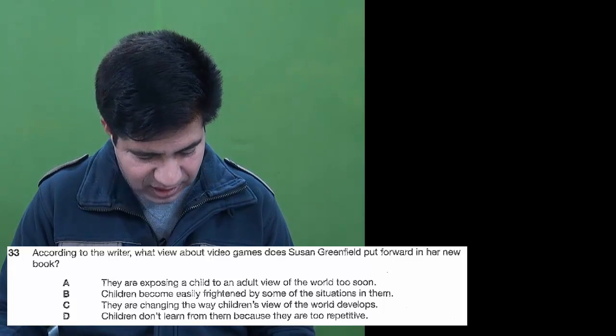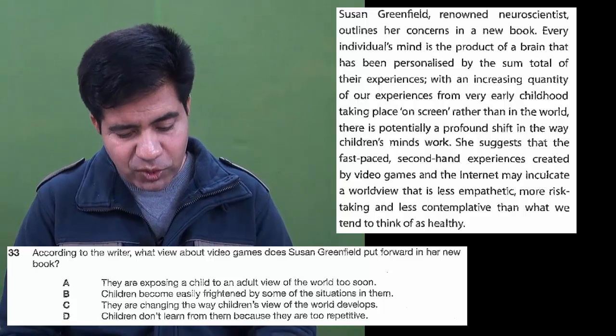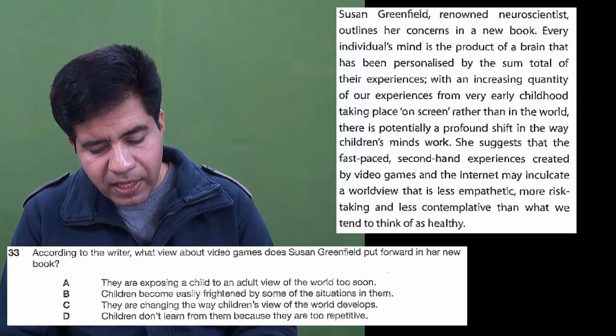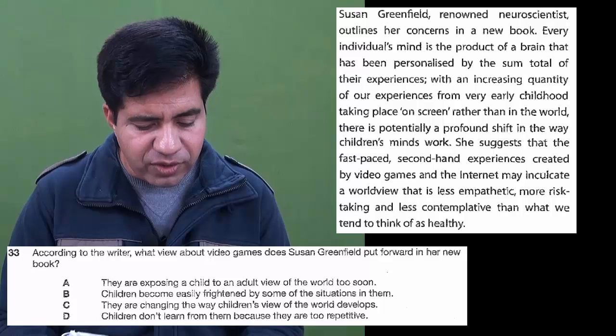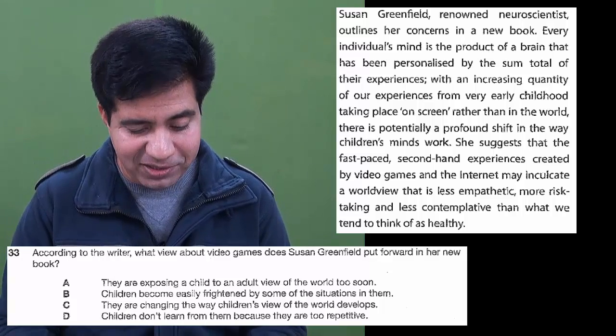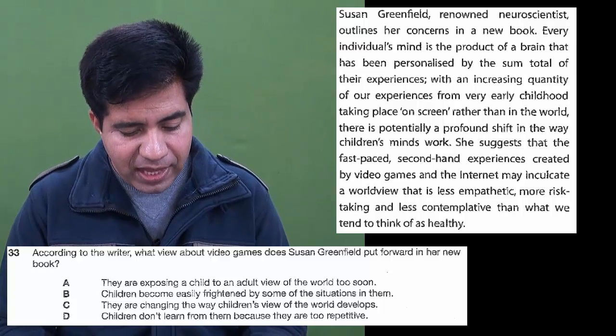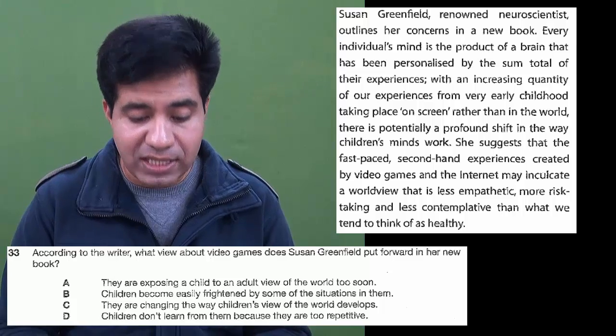Okay, where is it? Let me find this Susan. I got it. Susan Greenfield, renowned neuroscientist, outlines her concerns in a new book. Came here. It looks easy, huh? Every individual's mind is the product of a brain. Now this is her comment.